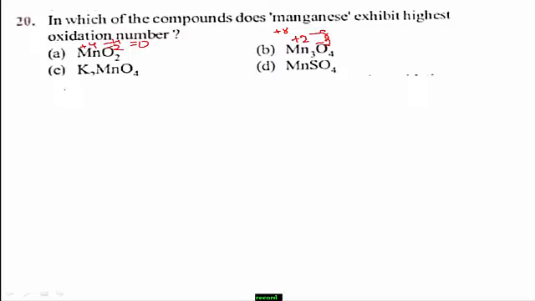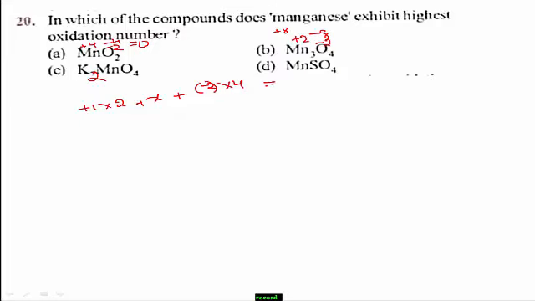Next, K2MnO4. Here calculate yourself. K is an alkali metal, it is plus 1 into 2, because K2 is given here. To calculate the Mn oxidation state, I take x plus minus 2 into 4, because 4 oxygen atoms are given.